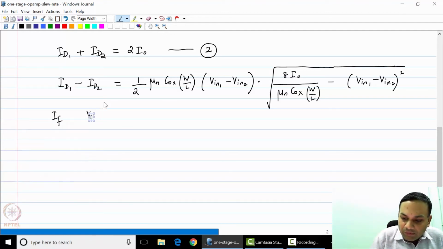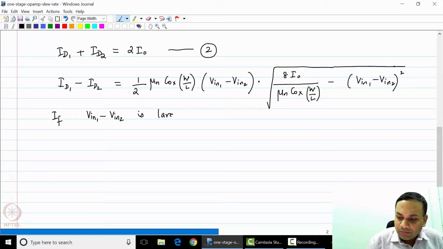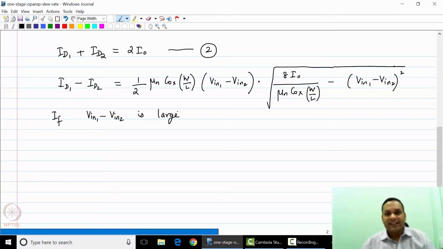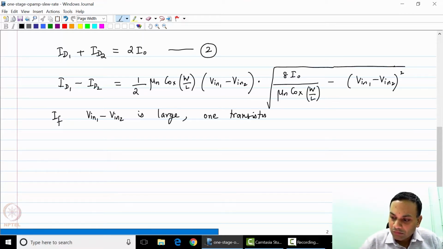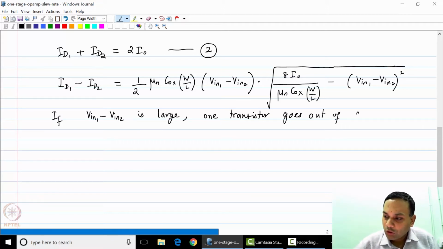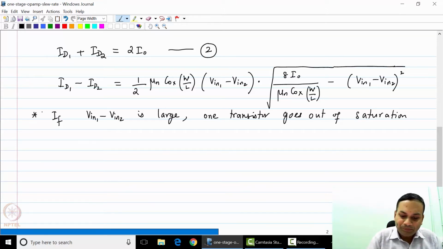If V in 1 minus V in 2 is large, one of the currents starts decreasing and the other current starts increasing, because clearly ID1 minus ID2 is finite. So one goes out of saturation. This is something to keep in mind.